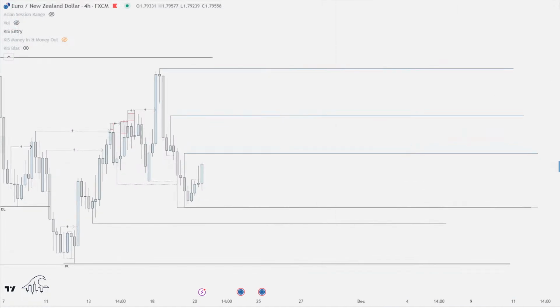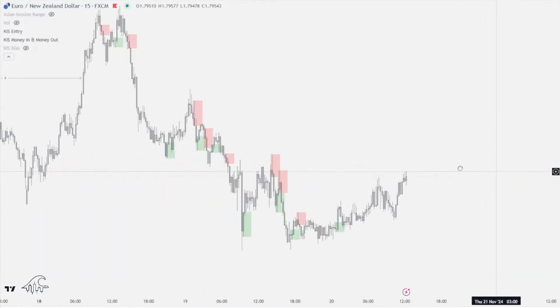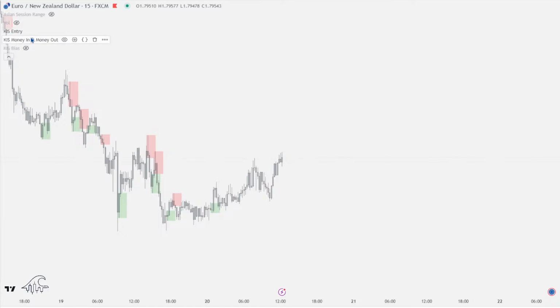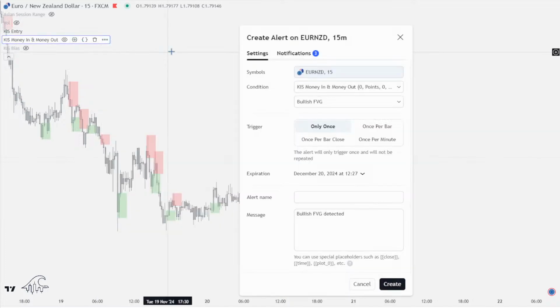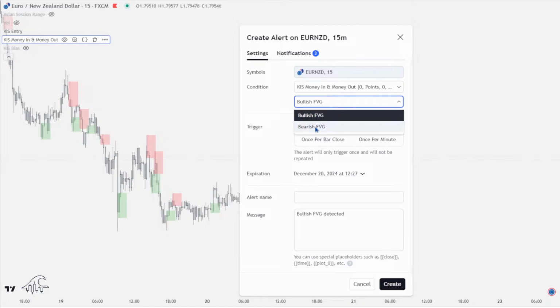Literally doing the indicators. Okay, so do we have one here? Yeah, so we have one on Euro NZD, right? So when this high is crossed, we'll get an alert. Then we can just go to the 15-minute, and in theory, we should be able to go here.